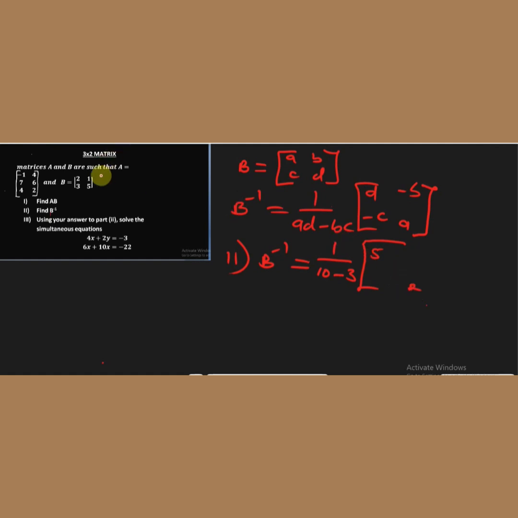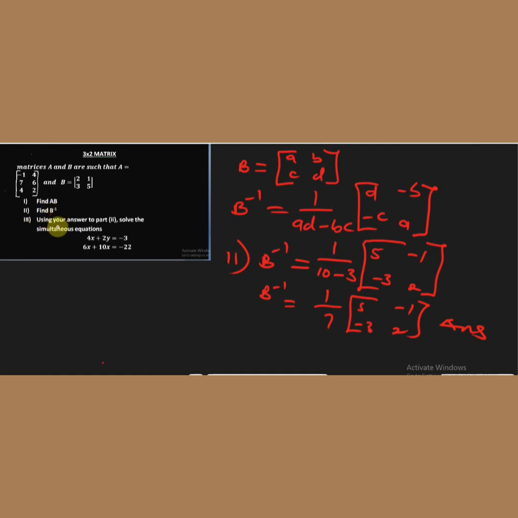Then I'll multiply 1 and 3 with minus 1, so it becomes minus 1 and minus 3. So this is very simple. Now B inverse is equal to 1 over 7, because 10 minus 3 is 7, times 5, minus 3, minus 1, 2. So this is the answer, the inverse of B.